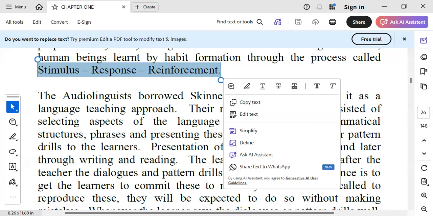Now, reinforcement. The reinforcement aspect is where the teacher encourages the correct response. So if Tunde says "Good morning, ma," or "Good morning, sir," then the teacher says, excellent. That "excellent" you just said is a reinforcement to tell Tunde that what he has just done is correct.